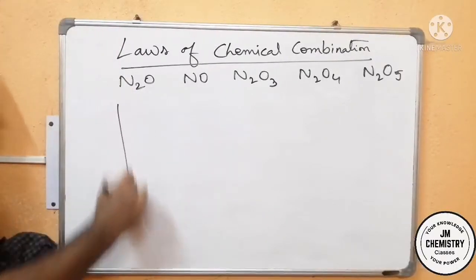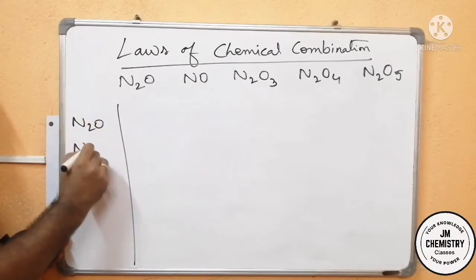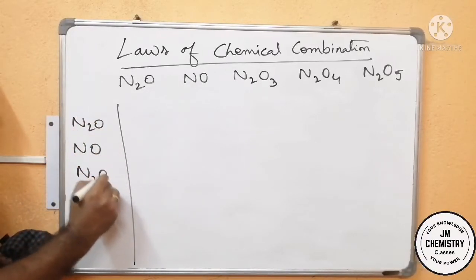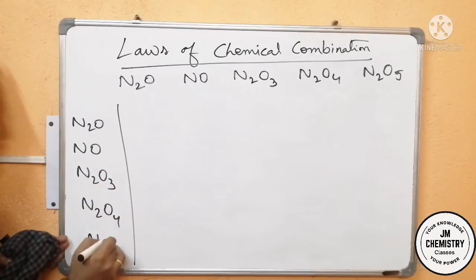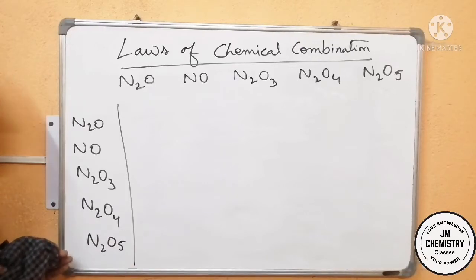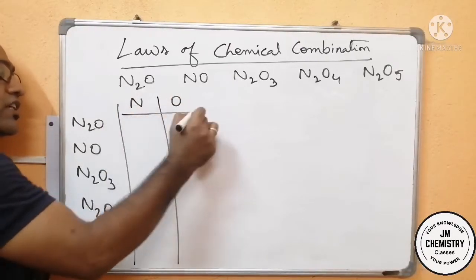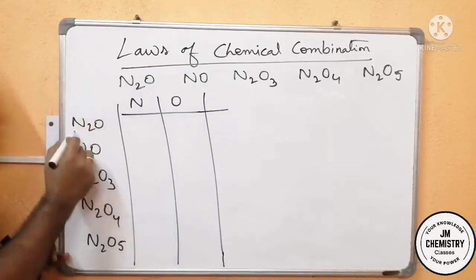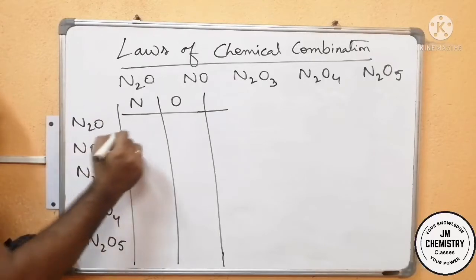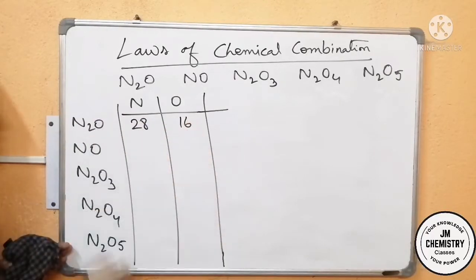On this side we will write N2O, NO, N2O3, N2O4, N2O5. First we will write nitrogen, then oxygen. In N2O, the amount of nitrogen is 28, the oxygen is only 16.